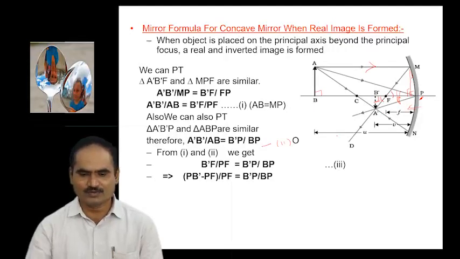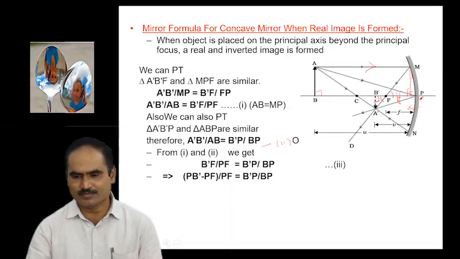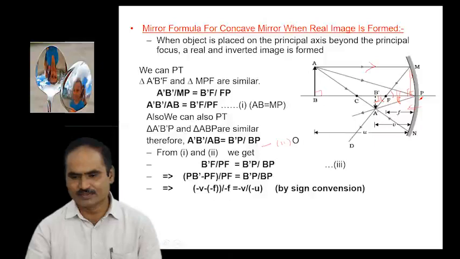So wherever in place of BP, we can write it as V, that is minus V. Then in place of PF, we can write it as F, that is minus F. Then in place of the same PF, once again minus F you write it. Then B'P, this is the image distance, that is minus V, by BP, this is the object distance U, you write it here.